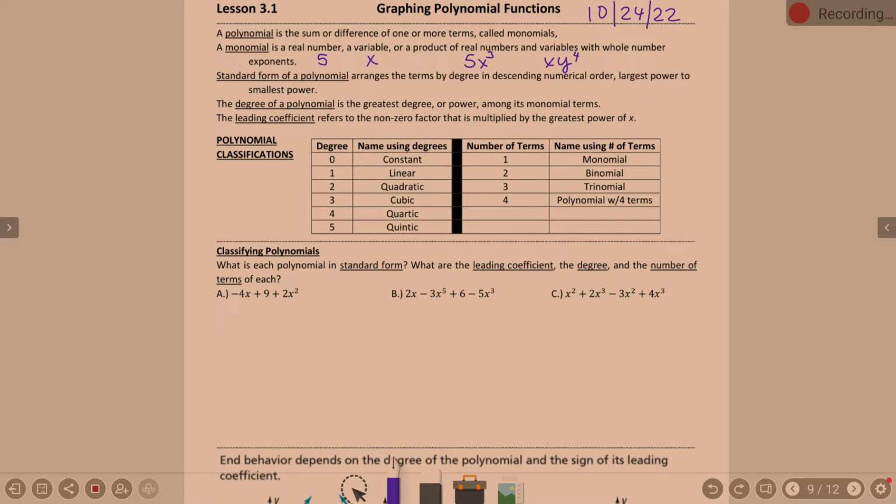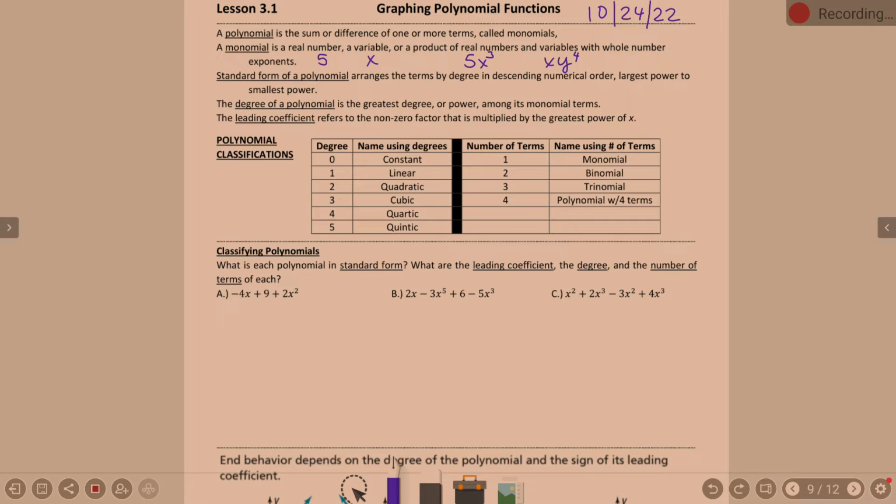I put this chart on here so you can be familiar with the vocabulary, although when I was going through the homework, they didn't necessarily use this vocabulary. They just went by numbers. I was kind of surprised. But when we talk about the degree, if I say something is a cubic, that means it's going to have a highest power of 3.